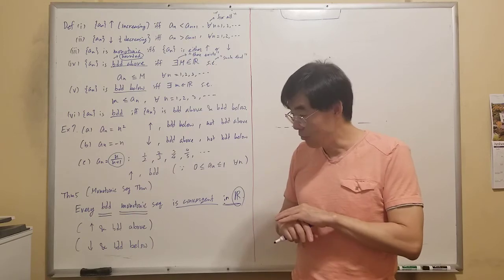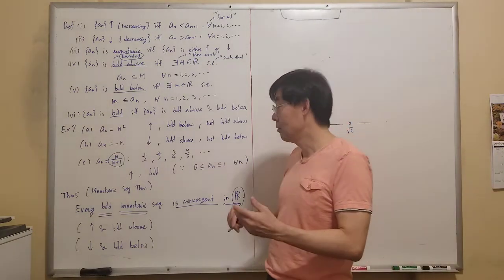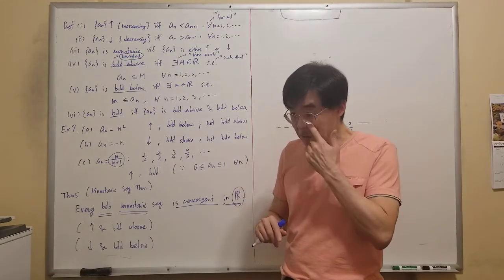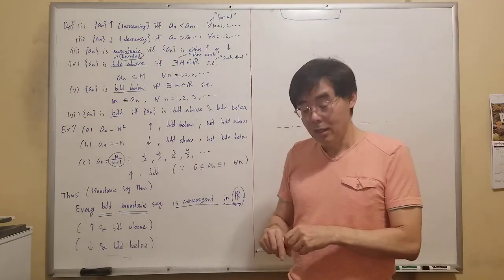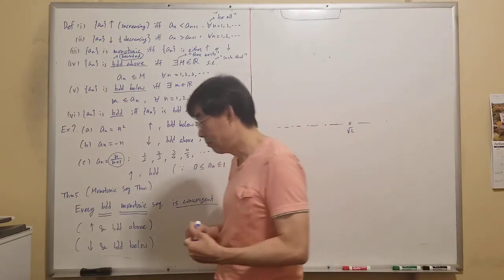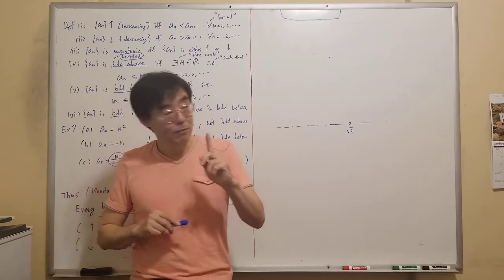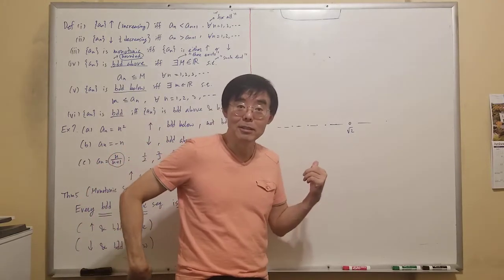Rational numbers and real numbers share so many properties, like the commutative property of addition, the associative property of multiplication, existence of the identity of addition, identity of multiplication, and so on. One difference is this completeness.